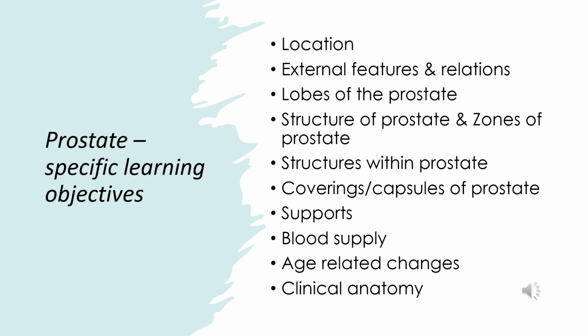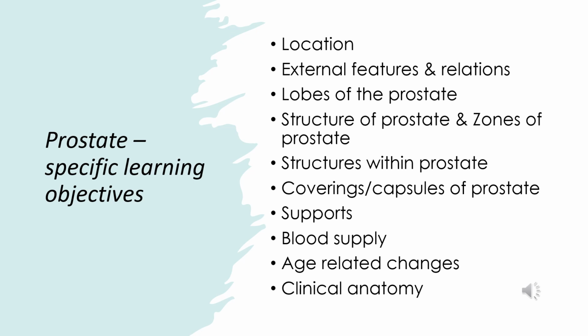Then we'll be seeing the structures present within the prostate gland, the coverings or capsules of the prostate, the supports of the prostate gland, the blood supply, that means the arterial supply, the venous drainage and the lymphatics. We'll be stressing a little bit on the venous drainage because of its clinical relevance.